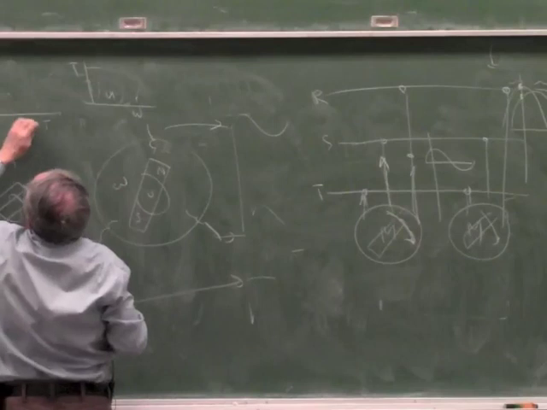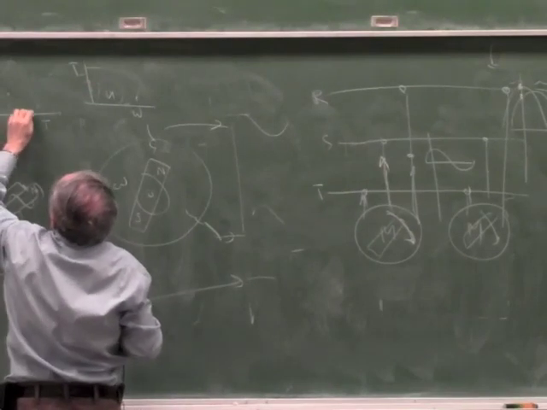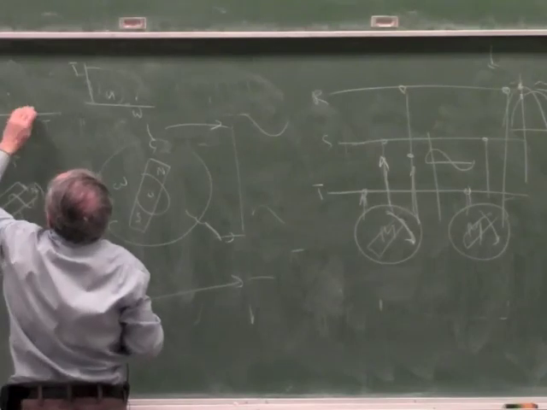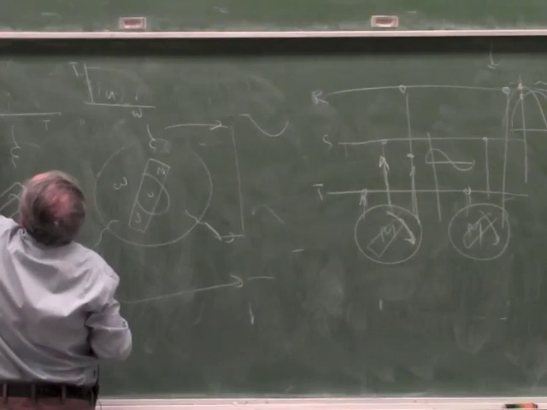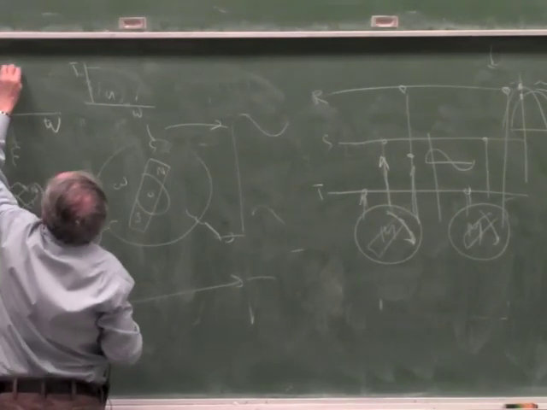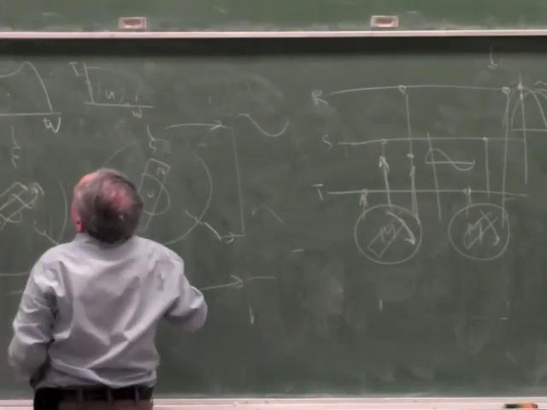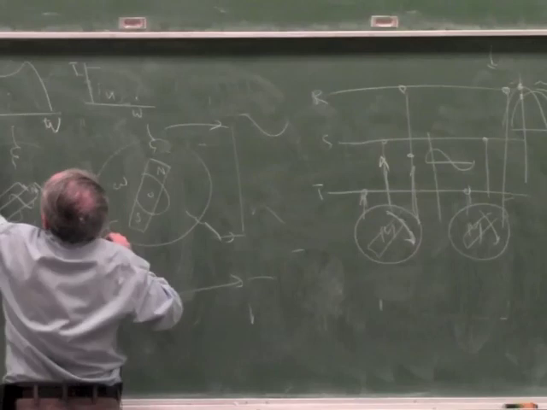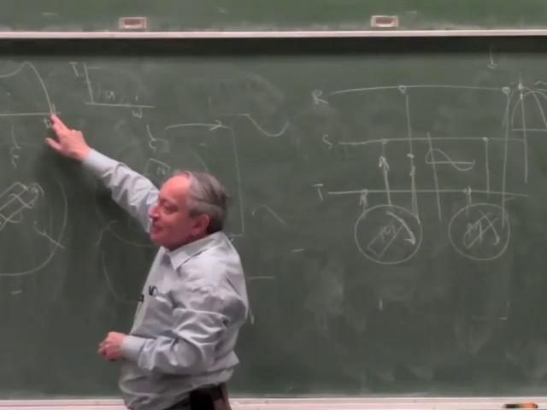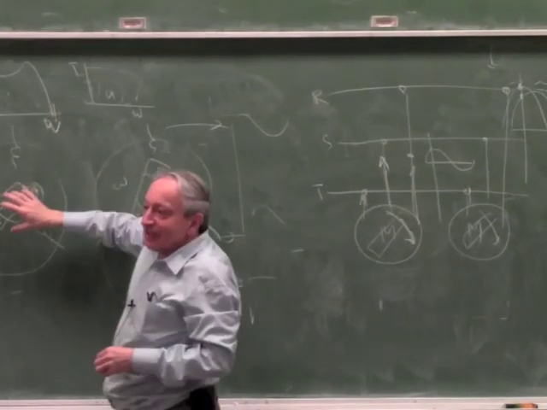If I draw torque versus omega, it will be like this at zero torque. I'm confusing myself now. Okay, if this is torque and this is omega, it will look like this. So basically, if you reduce the torque to zero, it will almost hit synchronous speed. There'll still be a tiny bit of slip, because if there is no slip, it can't induce a current.